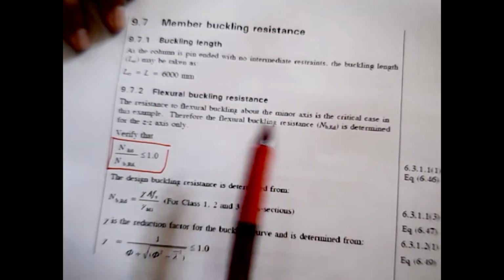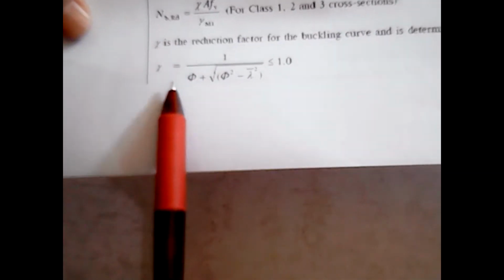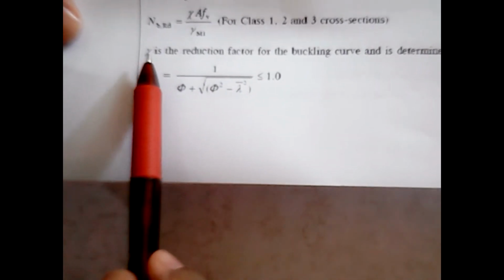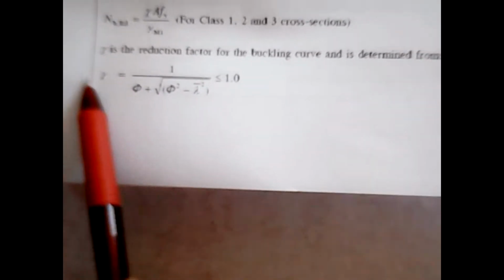Therefore, you need to find your NBRD. First you need to find this parameter, where the reduction factor for the buckling curve is determined from this.